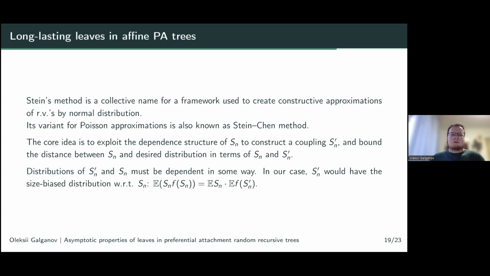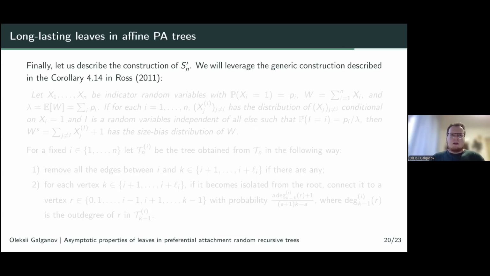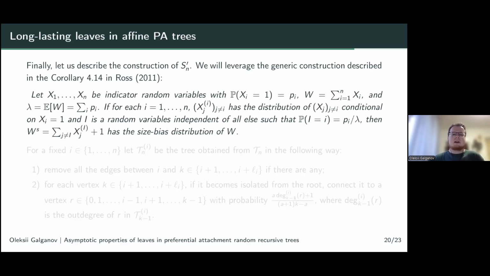The definition of this coupling Sn prime has to be constructive. For our case, let's describe the construction of this Sn prime random variable. For that, we will leverage the generic construction that can be used to define this size-biased coupling.